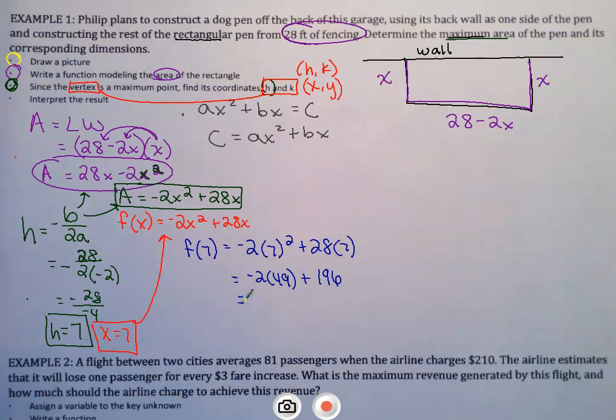So negative 2 times 49 is negative 98, plus 196. So it's going to be a positive 98. Okay, so our f of 7 equals 98, but our f of 7 is also our k.